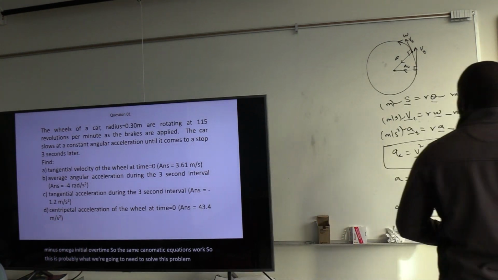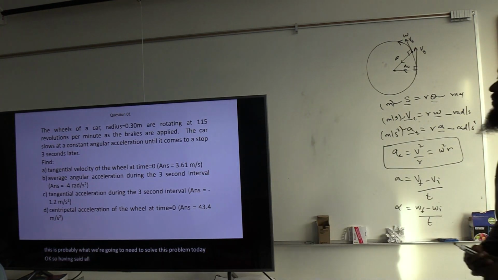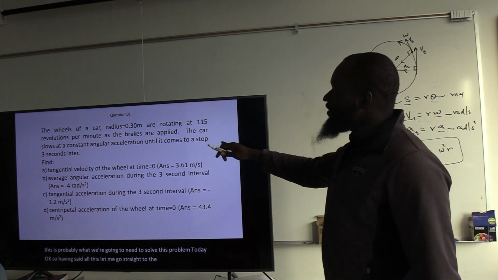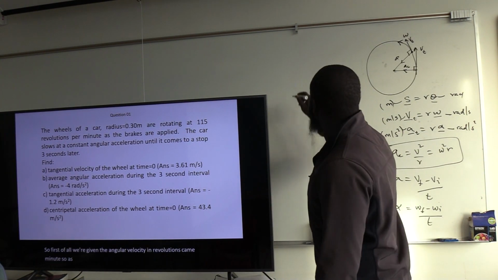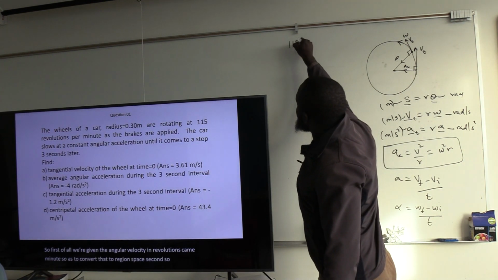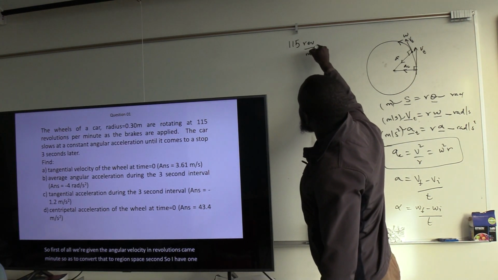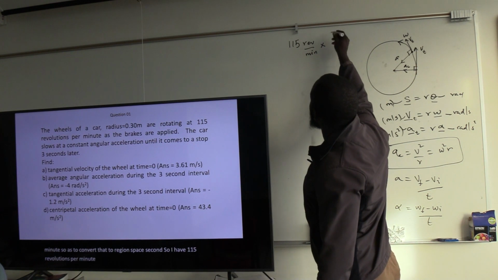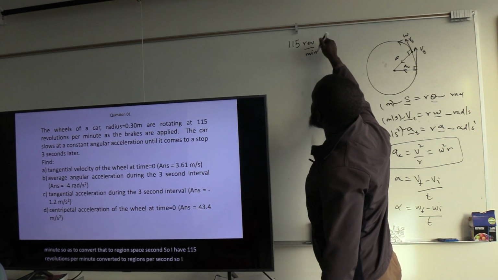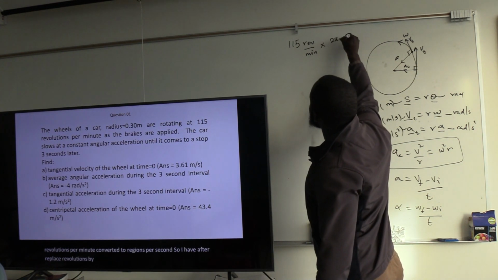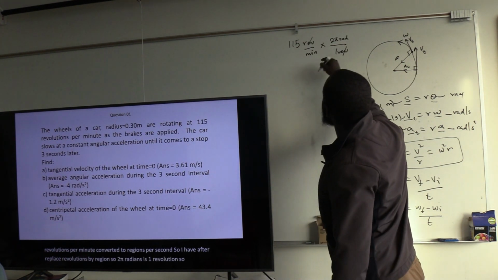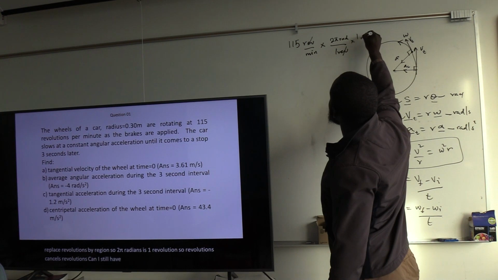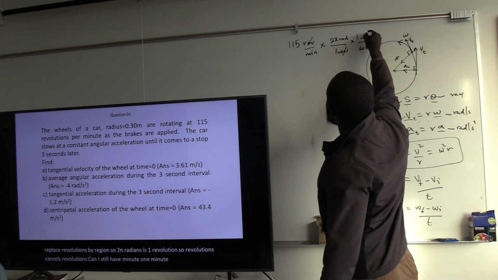Having said all this, let me go straight to the problem. First of all, we are given the angular velocity in revolutions per minute, so I have to convert that to radians per second. I have 115 revolutions per minute. I replace revolutions by radians: 2 pi radians is 1 revolution, so revolutions cancel. Then 1 minute is 60 seconds, so minutes cancel.